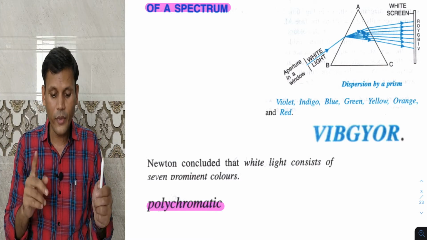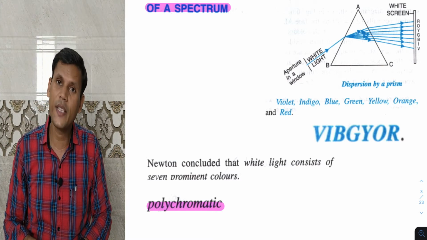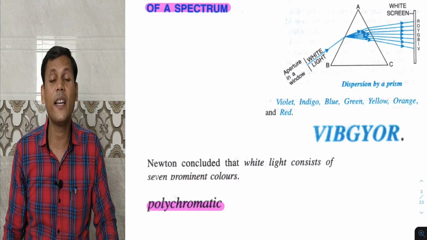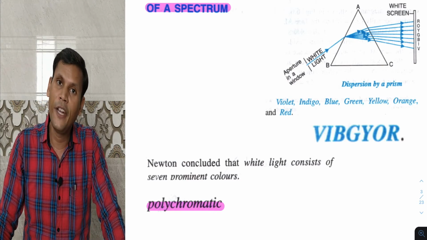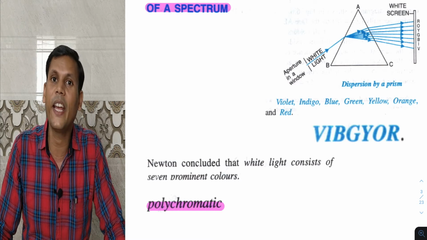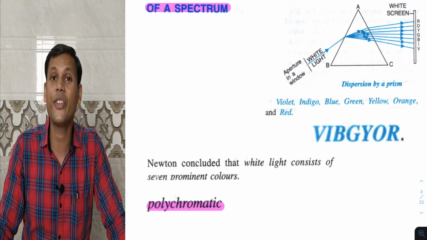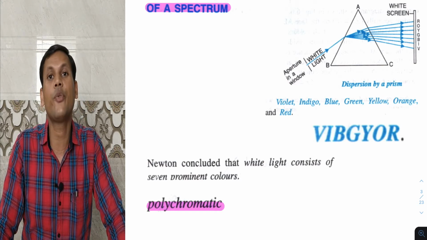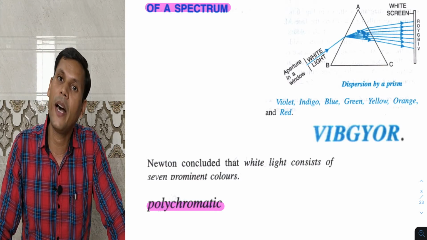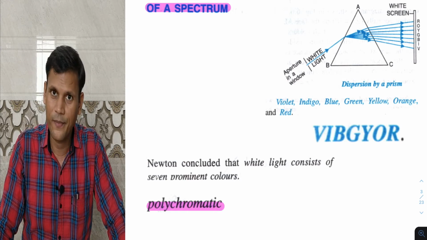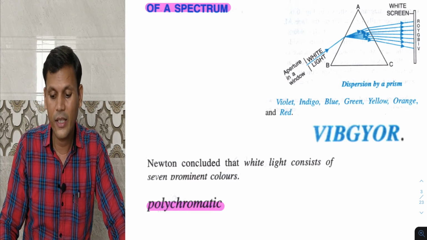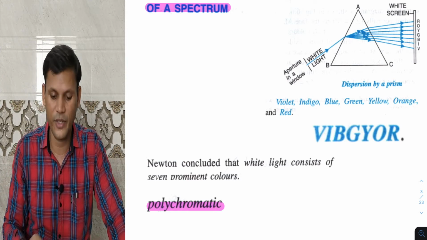Okay, so again I will mention what is dispersion. Dispersion is the phenomenon, or the process, of splitting of white light into its constituent colors when it passes through a prism. That is the dispersion.